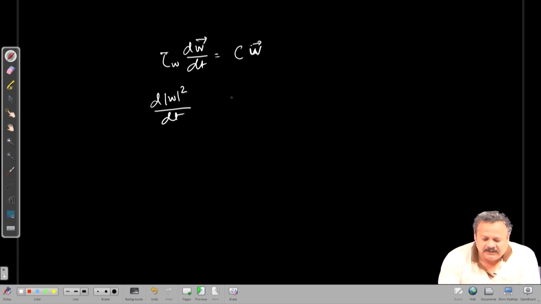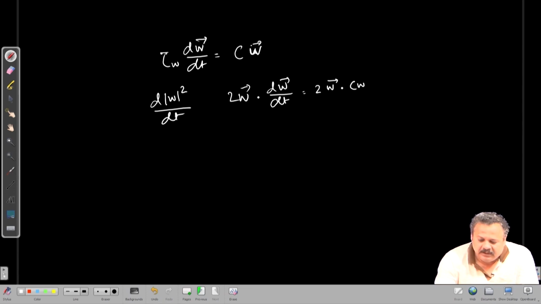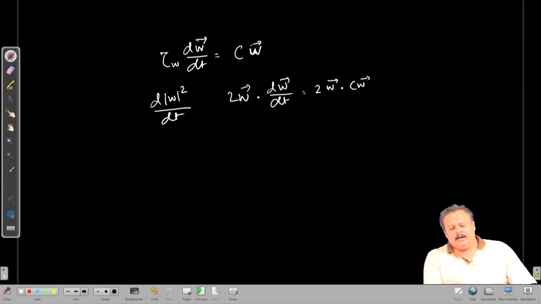What we will get is d of w squared dt, which is 2w times dw dt, which is 2w times our Cw, and so that again brings that the norm is always positive. So, even though we may get decreases in one or other of the w, the overall norm keeps on increasing, because we get a w squared multiplying the covariance matrix.